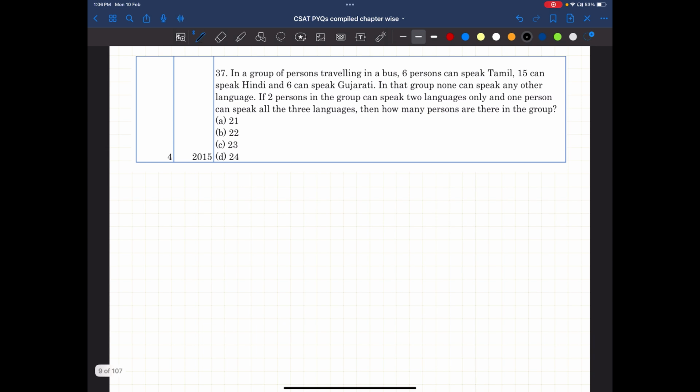Now let us go to the next question. In a group of persons traveling in a bus, 6 persons can speak Tamil, 15 can speak Hindi, and 6 can speak Gujarati.